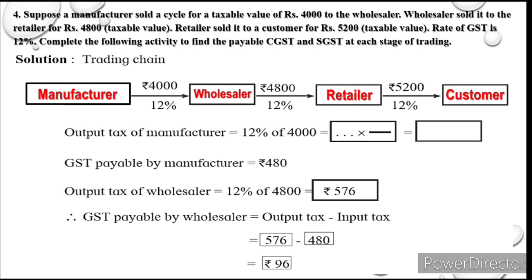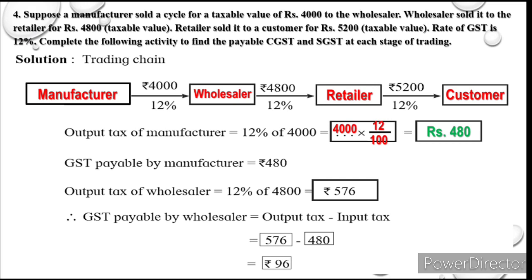First, output tax of manufacturer, which he will collect from wholesaler, will be 12% of 4,000. So 4,000 multiplied by 12 upon 100 will give you 480 rupees. It is mentioned here, GST payable by manufacturer is 480 rupees. Now output tax of wholesaler means he will collect this output tax from retailer.